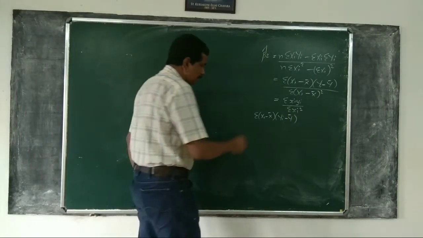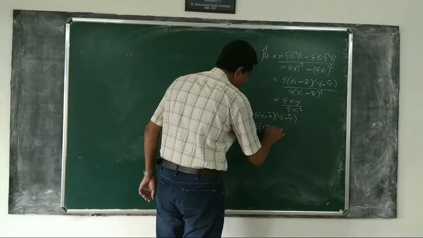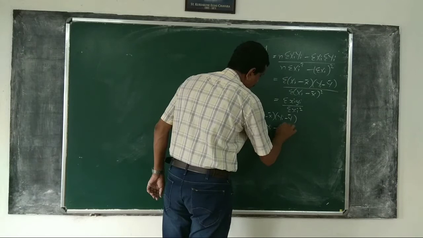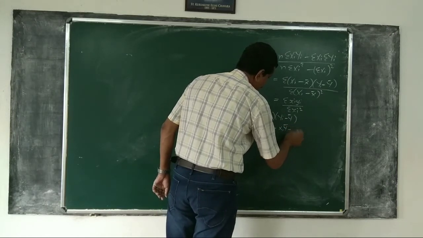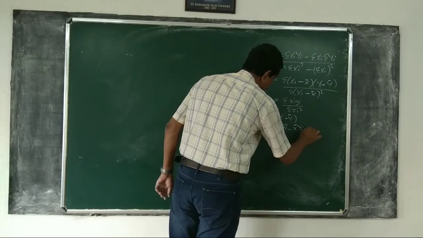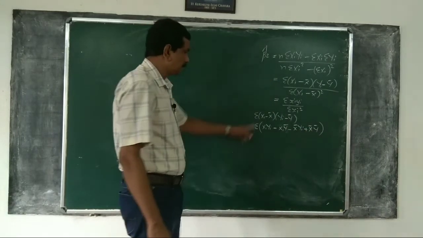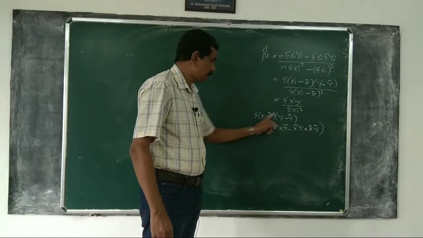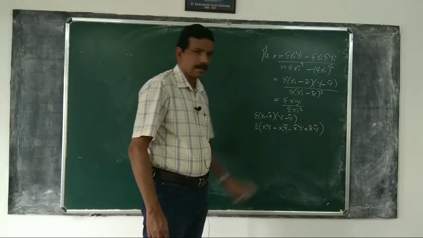This can be written as sigma of xi yi minus xi y bar minus x bar yi plus x bar y bar.